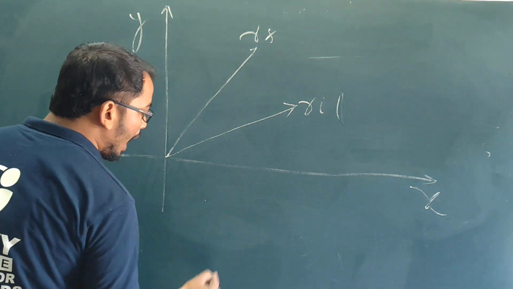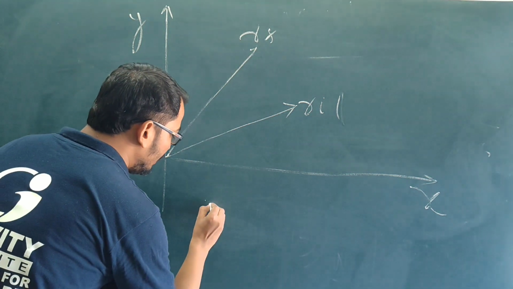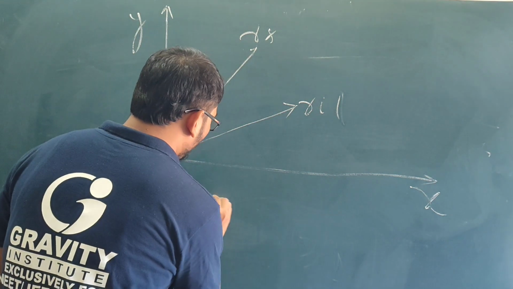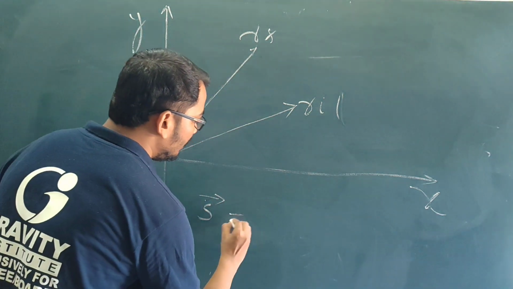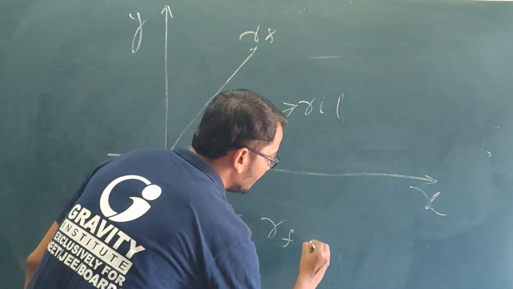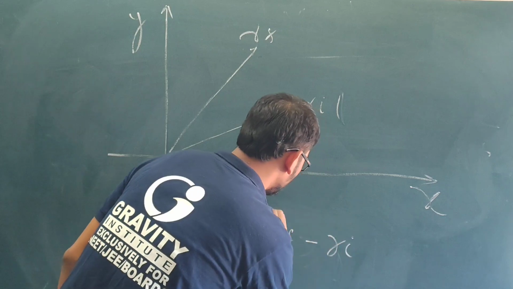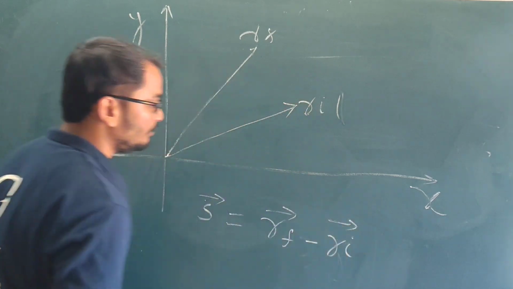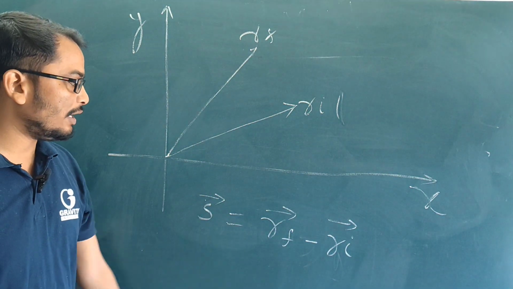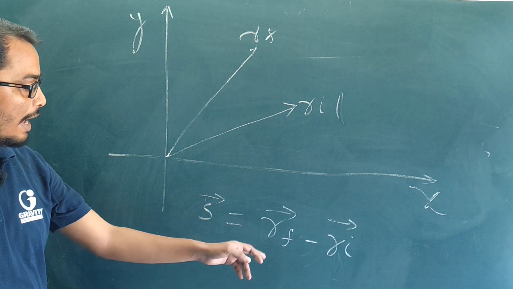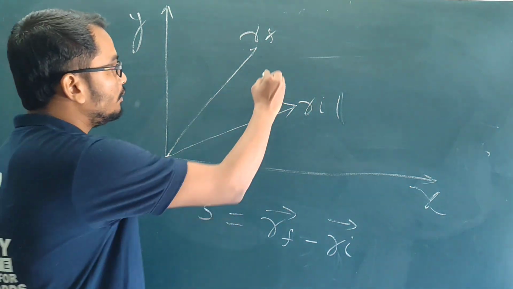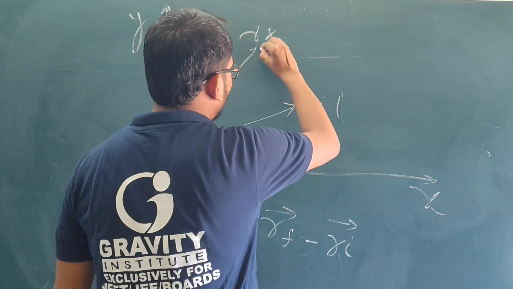If we want to know how much distance the particle travels, we can say that the particle travels R final minus R initial. It will come out like this vector.